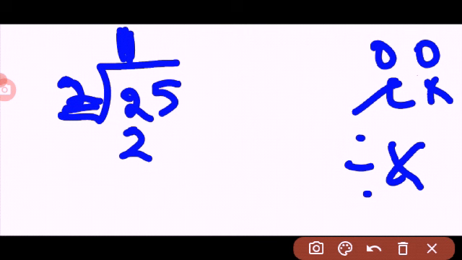So whatever answer we get is going to be under the 2 of 25, not under 5, because we haven't even touched 5. We started the division with this 2 before 5. So when we do our multiplication, the answer must land under that same 2.